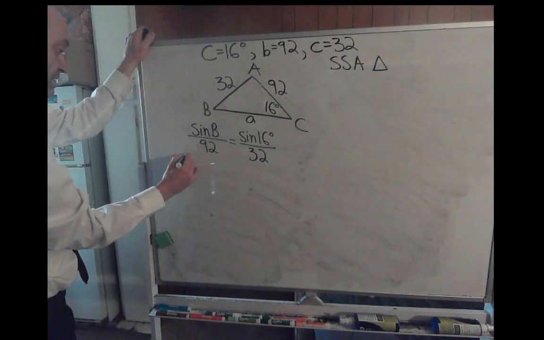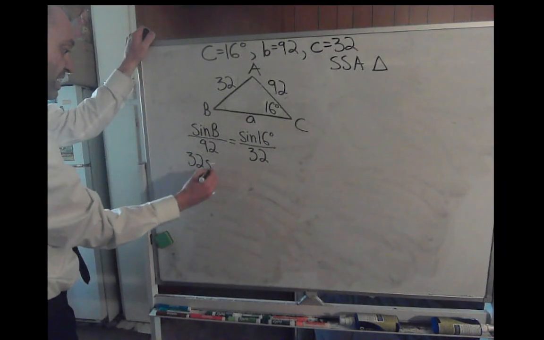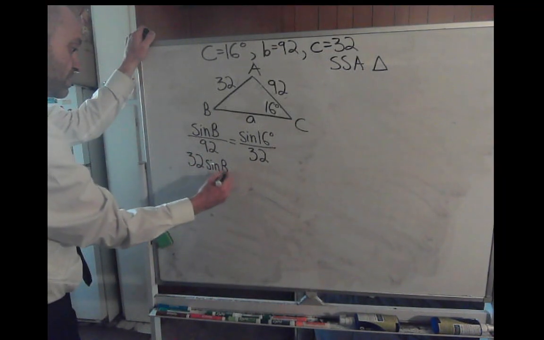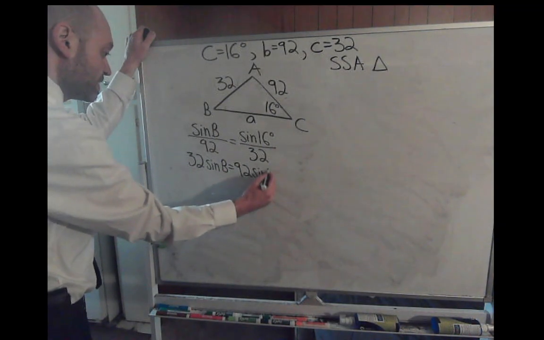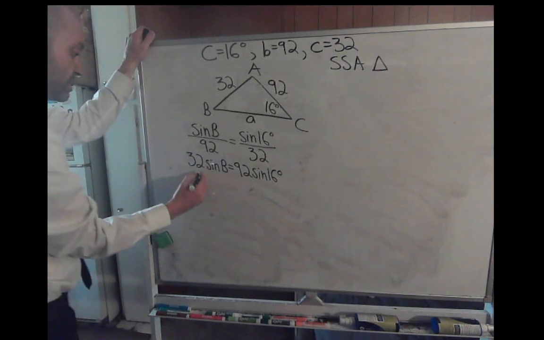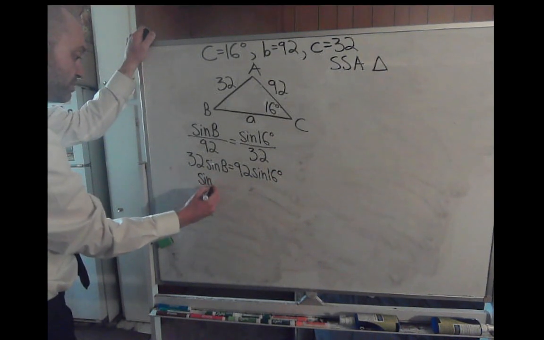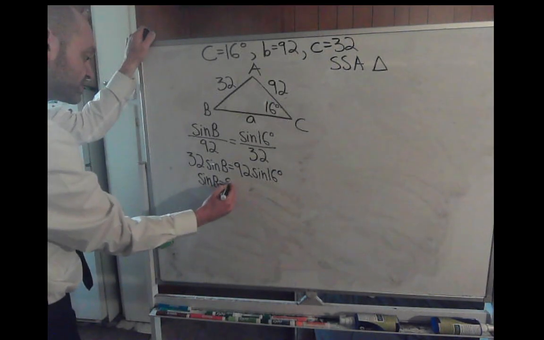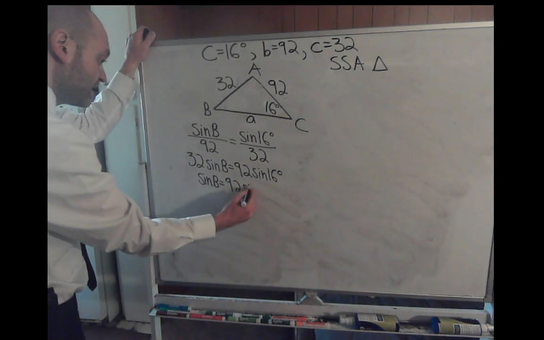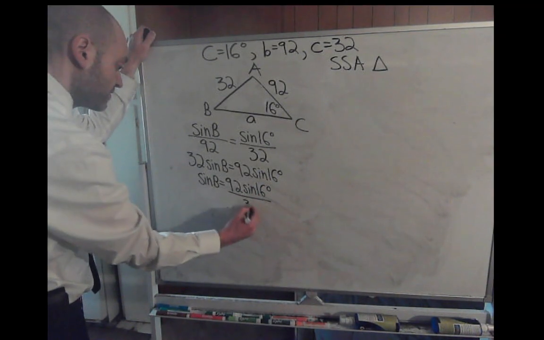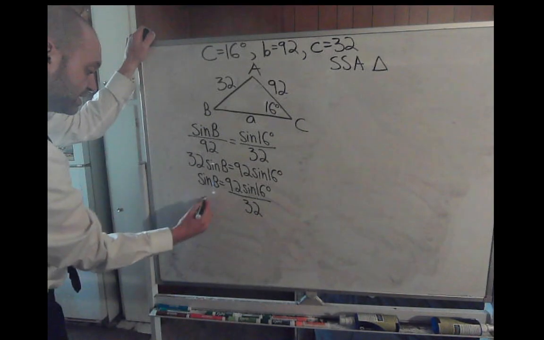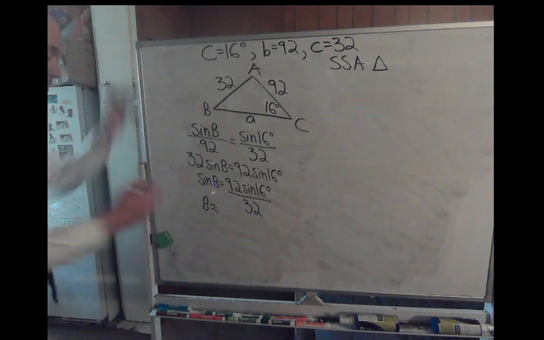So that means 32 times the sine of B equals 92 times the sine of 16 degrees. So the sine of B equals 92 times the sine of 16 degrees all over 32. So angle B is the inverse sine of all that.